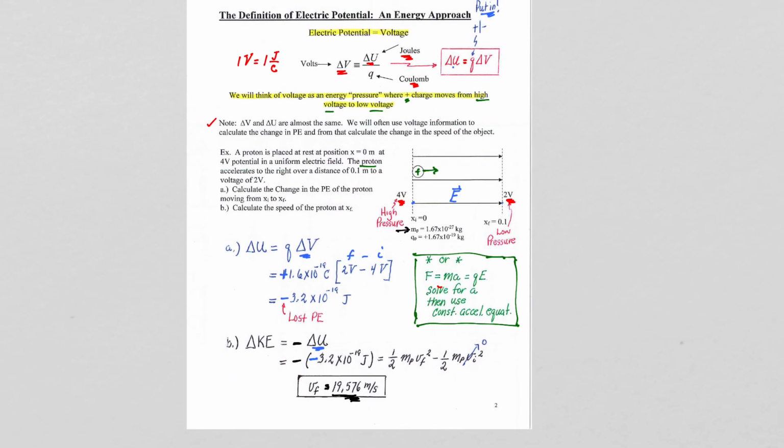We don't have to worry about any vector mathematics. So this is the basic concept mathematically relating voltage to potential energy and how it is used numerically in a problem to calculate the change in potential energy, and then go back to mechanics and calculate our change in kinetic energy. And we will move on.